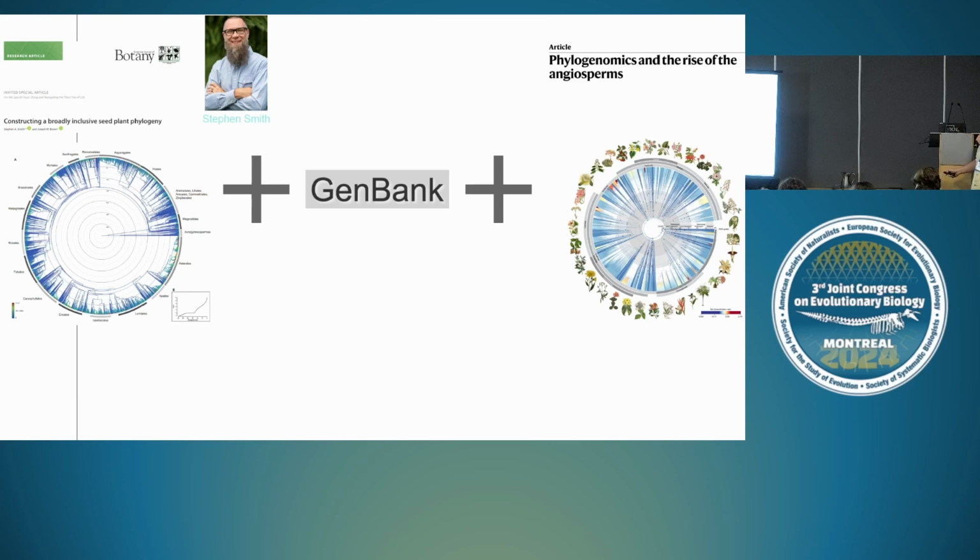But with the recently published phylogenomic tree that came out this year, Stephen and his group are already working on incorporating new sequences that were deposited in GenBank in between these two publications. And we heard back from him, and we know that now the new tree will have at least 134,000 species, which is also a lot. So that's why I thought about being scared about this type of data.